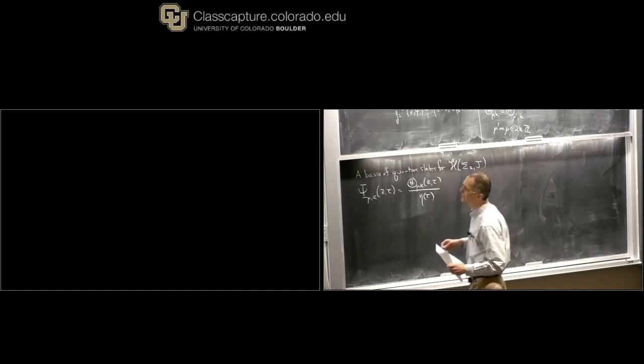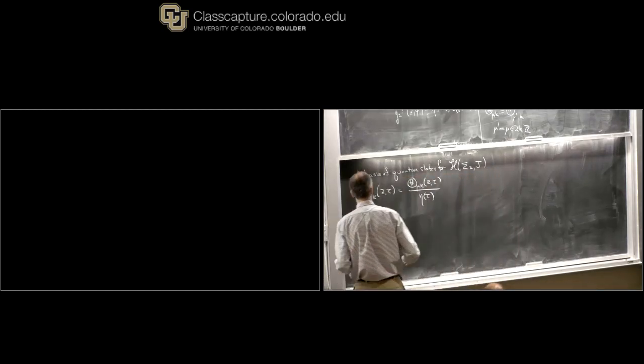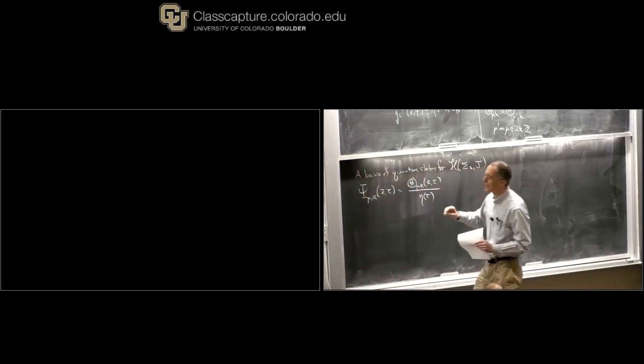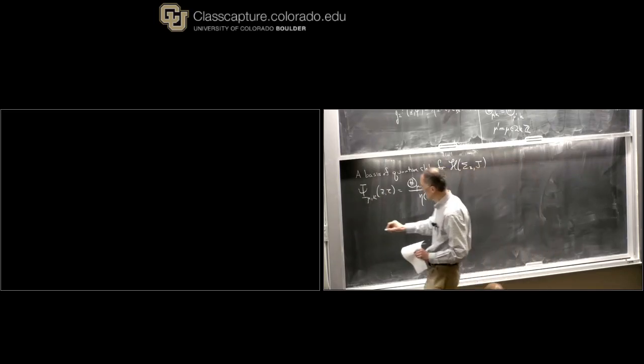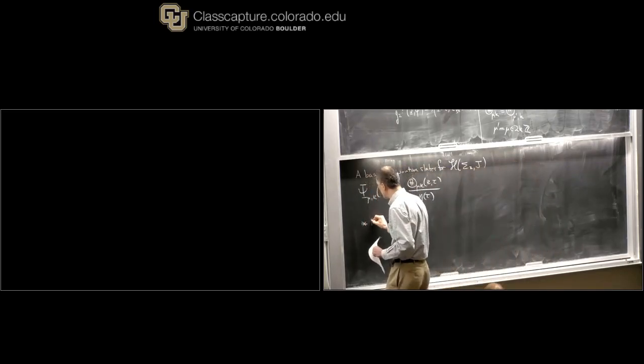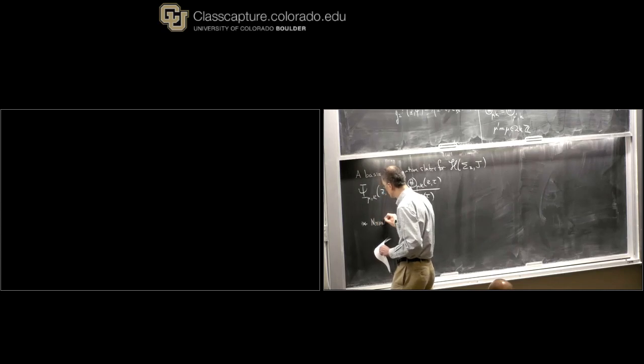Okay, now why the division by eta of tau? Well, I'm not going to derive it because I got a lot of other things to do, but you can derive this by normalizing the wave functions.